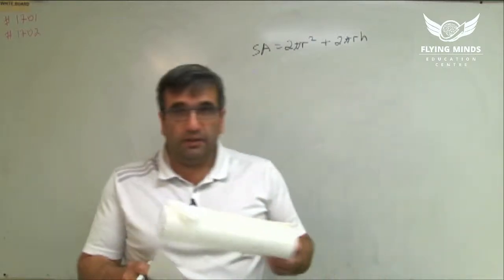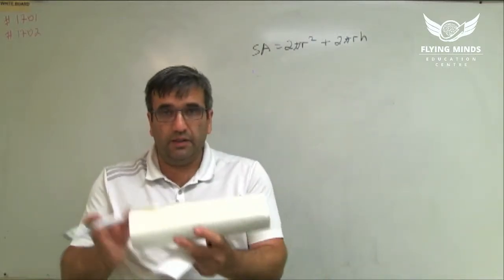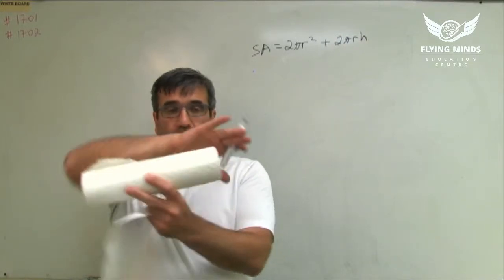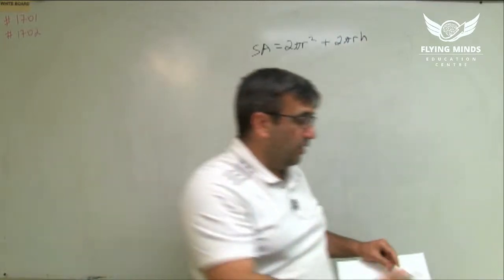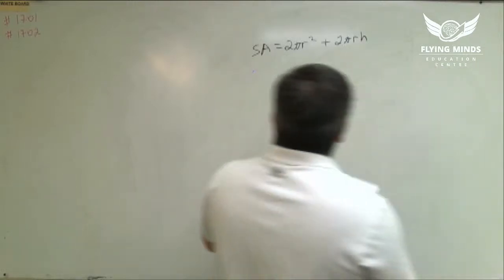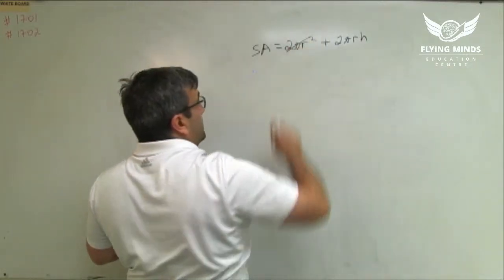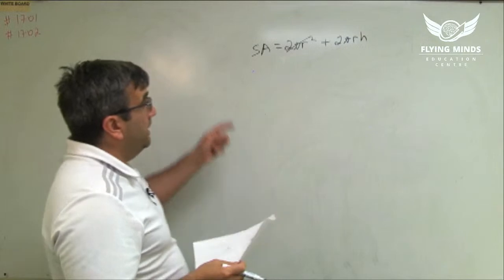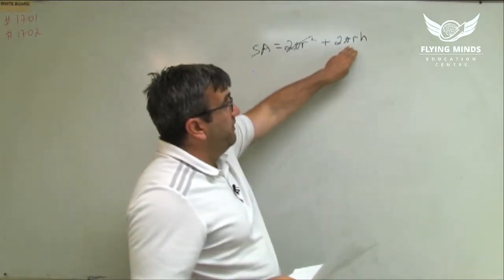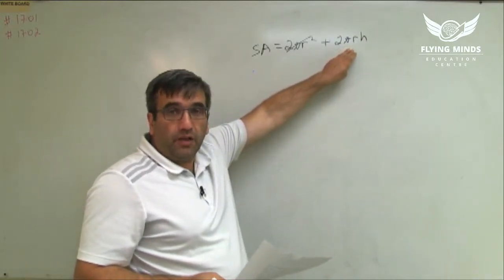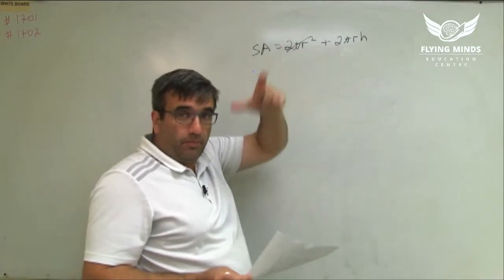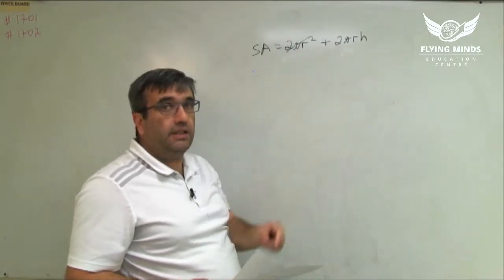If we have a cylinder, there will be a circle here and a circle here. We don't need this part. And this term we use to calculate the surface area of the pipe itself.